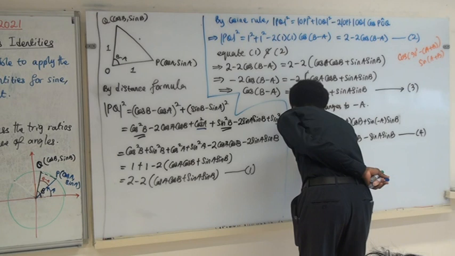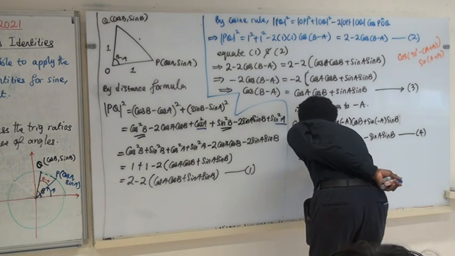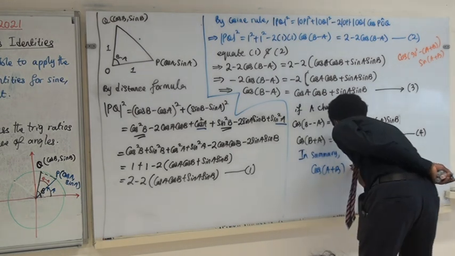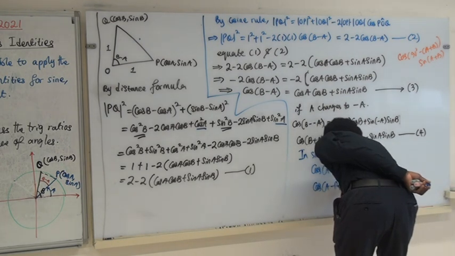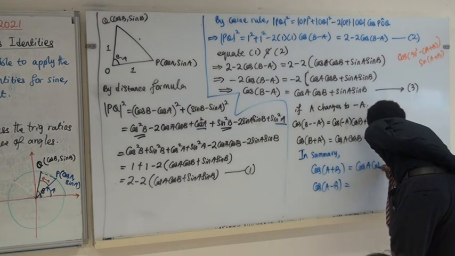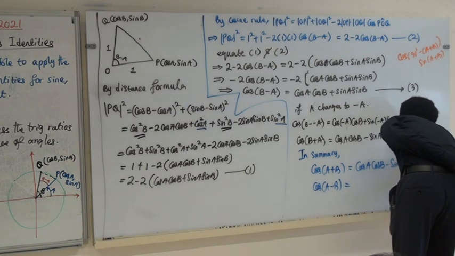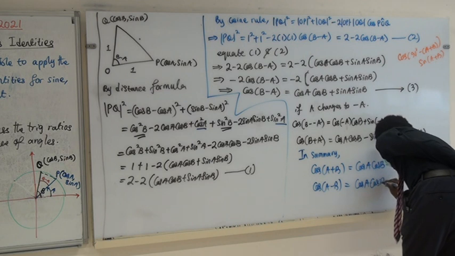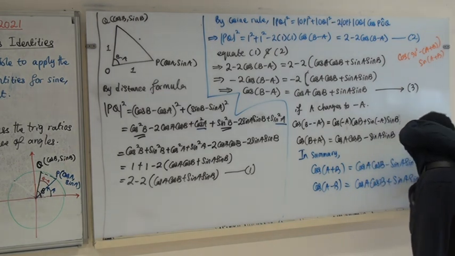So in summary, this is how we write it: cos of a plus b, or I could say a plus or minus b, but maybe I separate them. And cos a minus b is equal to cos a cos b minus sine a sine b. And this, cos a cos b, please write, plus sine a sine b.